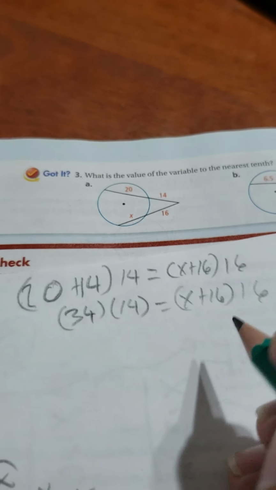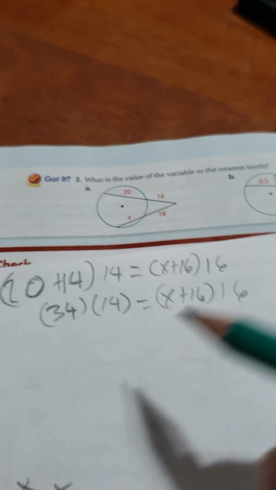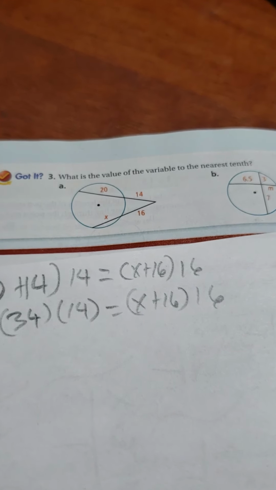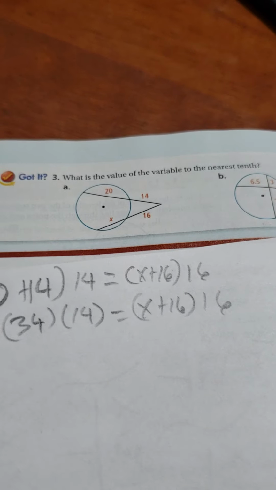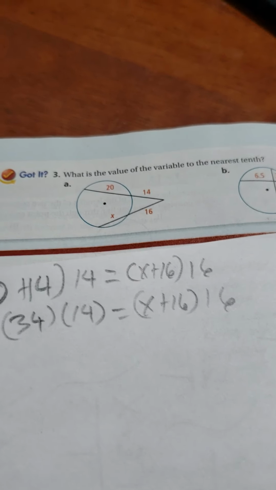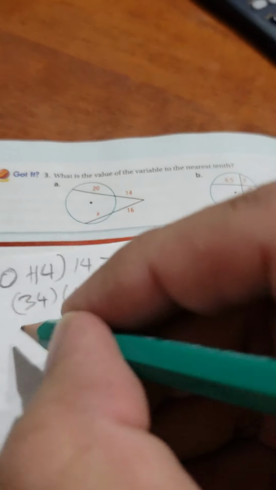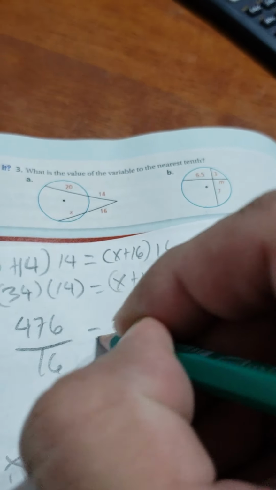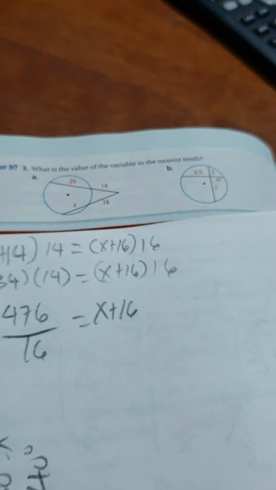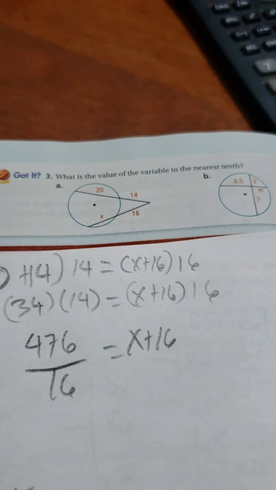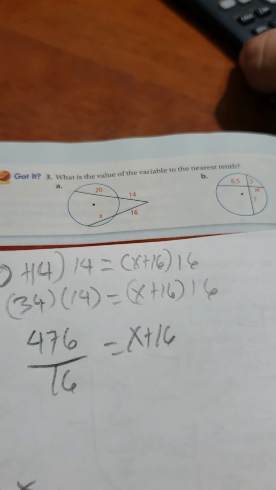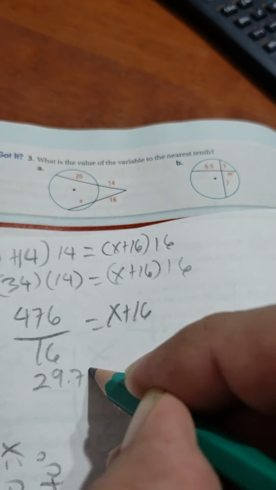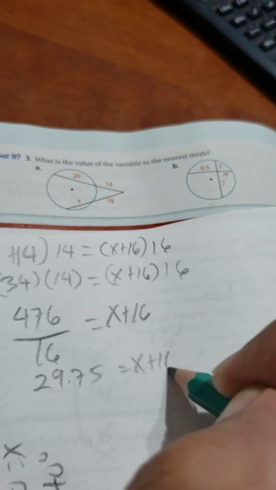Now, let's solve for this one. Let's find the value of 34 times 14. It is 476. 476 divided by 16 is equal to x plus 16. Now, let's divide it by 16. That is 29.75. 29.75 is equal to x plus 16.